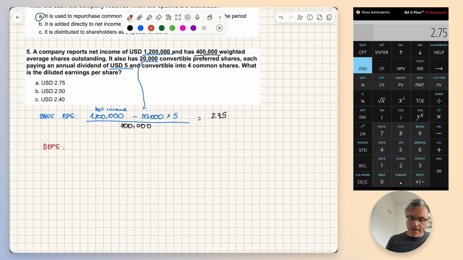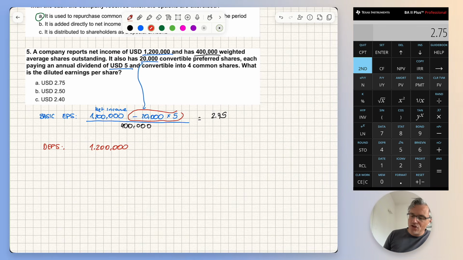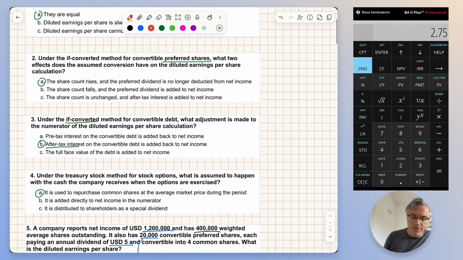Right, the DEPS starts off with net income as well, and now we assume that the shares have already converted. So what happens then? We, of course, no longer have to pay this preferred dividend. So we omit it from the numerator of the fraction. And this is pretty much what was asked, I think, over here in question 2.